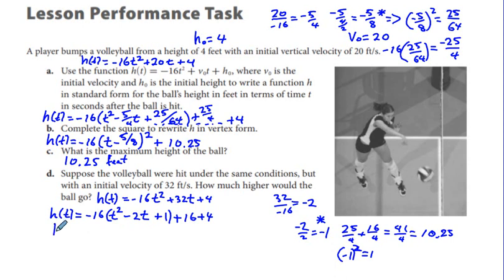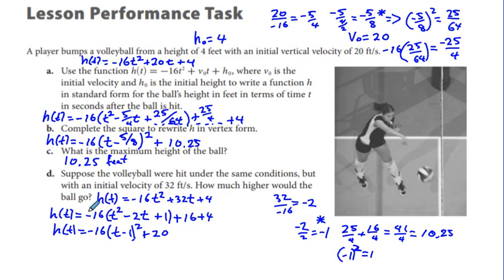Completing the square, we get h of t is equal to negative 16 times the quantity t minus 1, squared, and then we take 16 plus 4, which is 20, so plus 20.